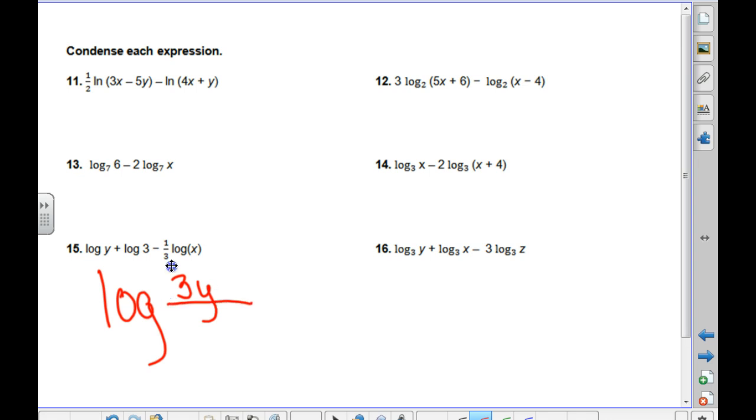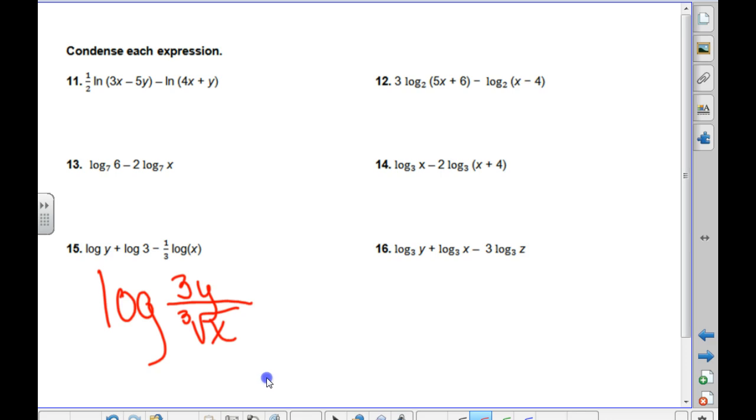Divided by, and the 1/3 is cubed root of x. Normally I'd say we can't leave a cubed root in the denominator, but I'm not going there. I'm perfectly happy with that, okay? The book actually, a couple of them, they did rationalize denominators. I'm like, ugh.